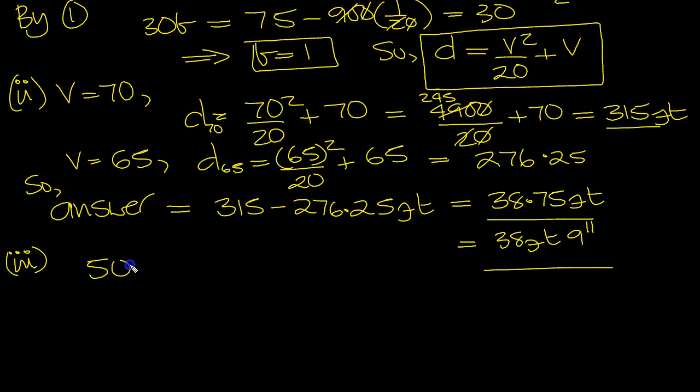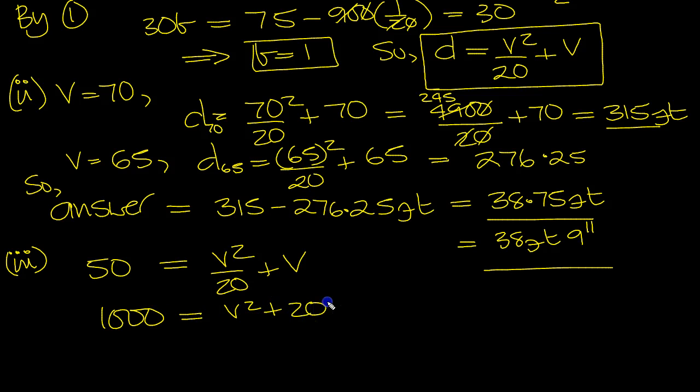So 50 will be the distance, and that's v squared over 20 plus v, times by 20 all the way through. 1000 is v squared plus 20v. So all I did was times by 20 here, here, and here. So v squared plus 20v minus 1000 equals 0.